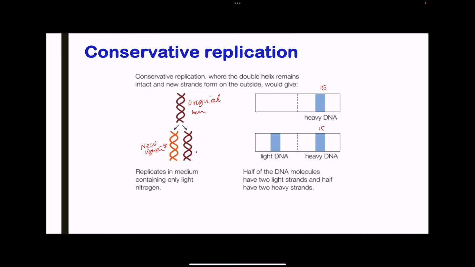This is going to be 15, meaning that it remained exactly as it was. It did not unzip. And then we're going to see nitrogen-14, which is on the lighter side. Here we can see the new strand is going to be 100% 14, and the other is going to be 100% nitrogen-15. There is no halfway between both of them. That is the conservative model.